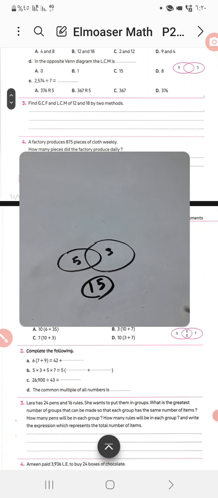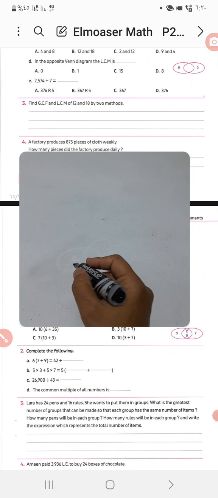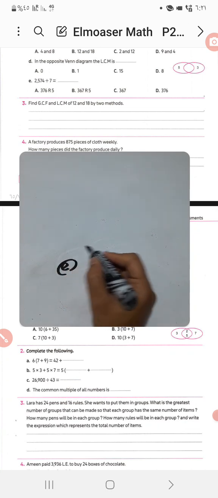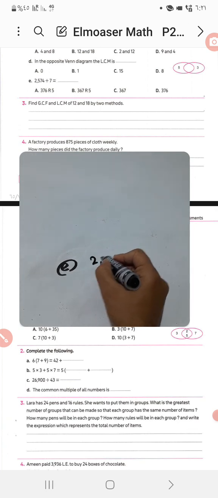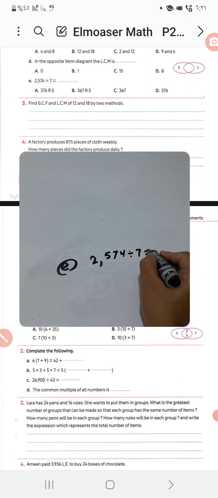Question letter E. You want to find the quotient for this example, 2574 divided by 7 equals what?